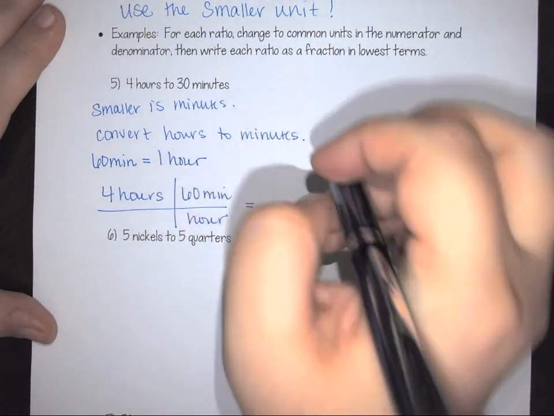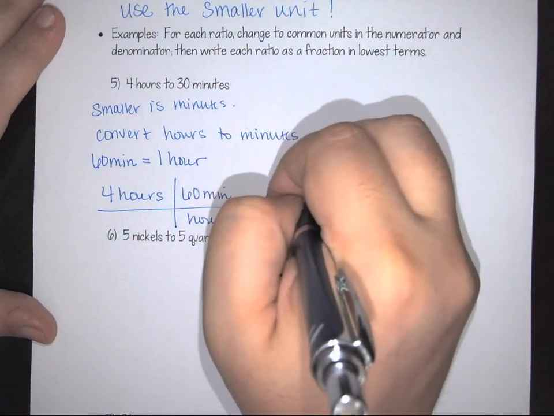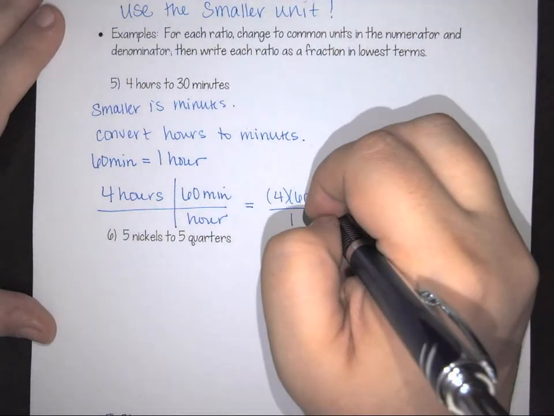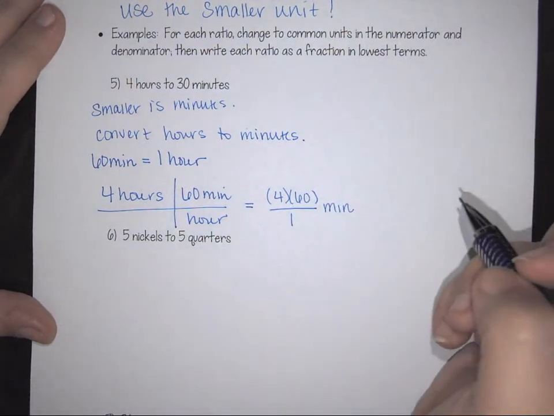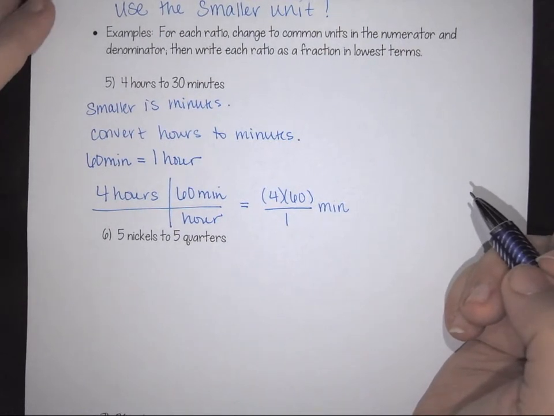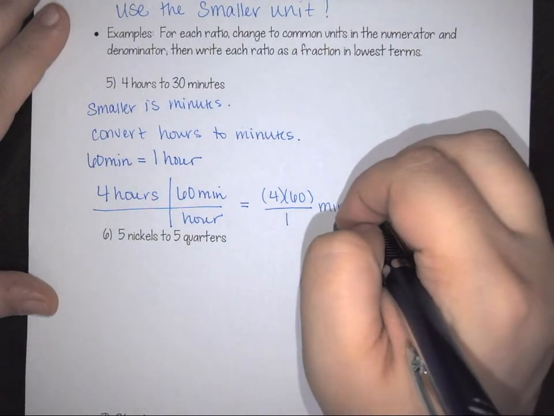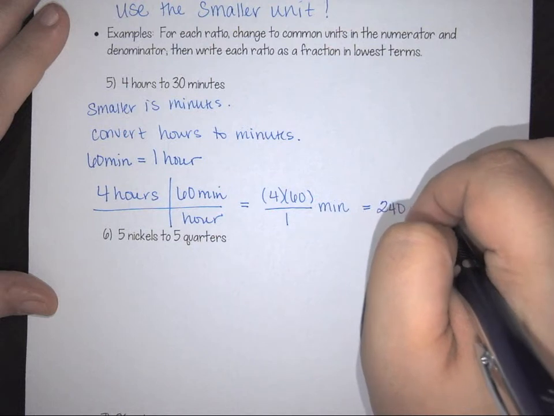And when doing that, I'm going to end up having 4 times 60 divided by 1, and this is going to leave me with minutes. So 4 times 60 is going to give me 240. So this is going to be 240 minutes.